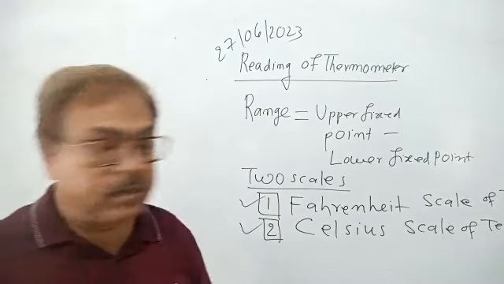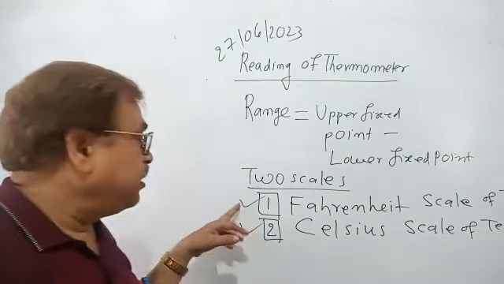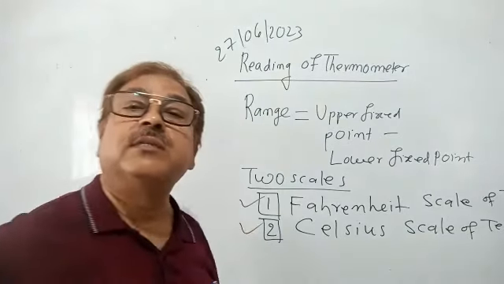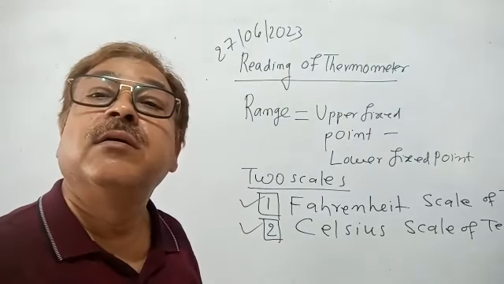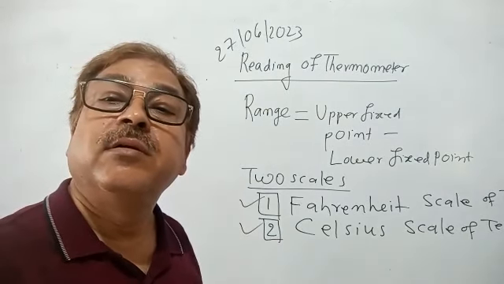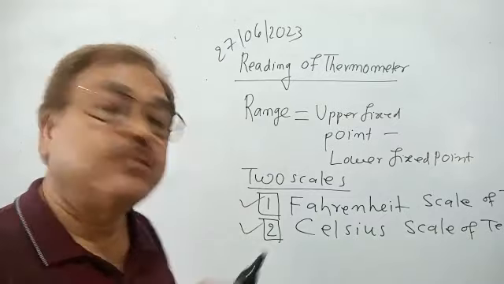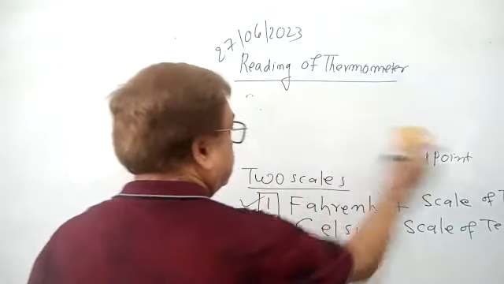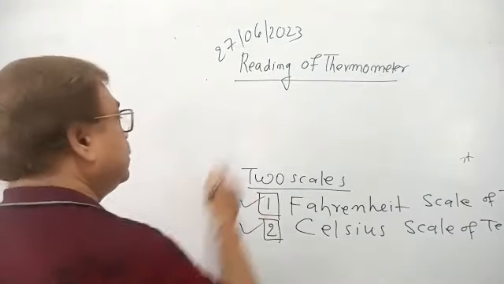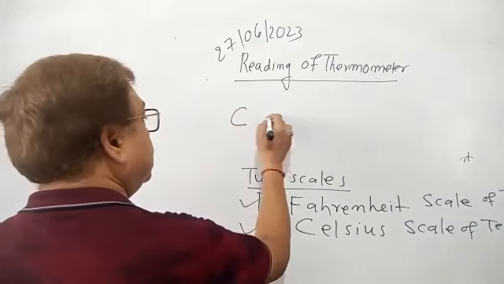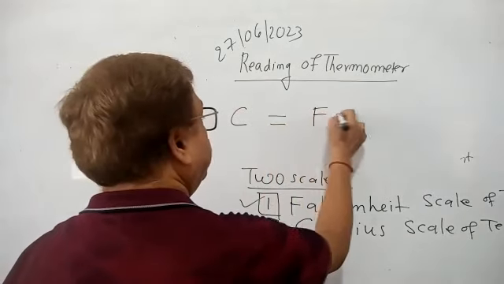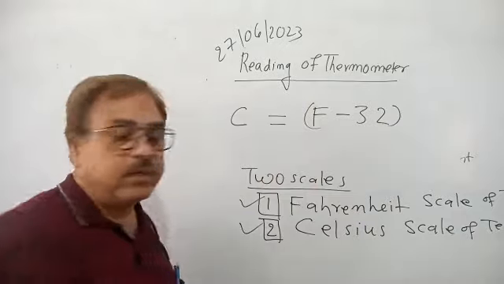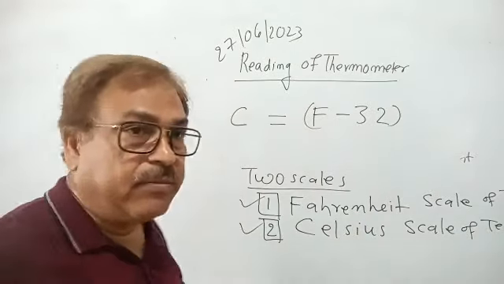After knowing the degree Fahrenheit and degree Celsius, you write one formula to convert them: C is equal to (F minus 32) multiplied by 5 by 9.